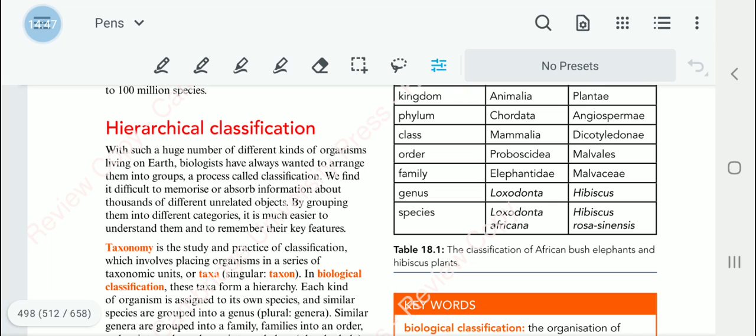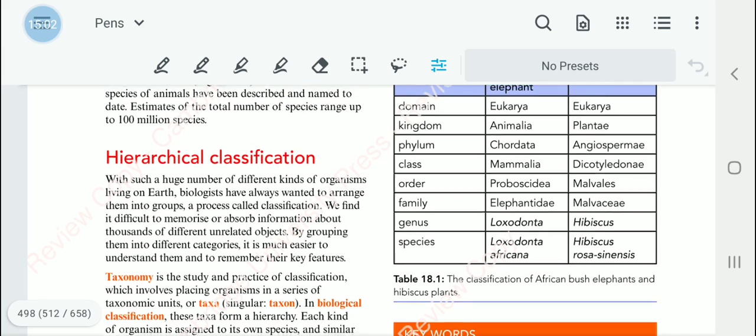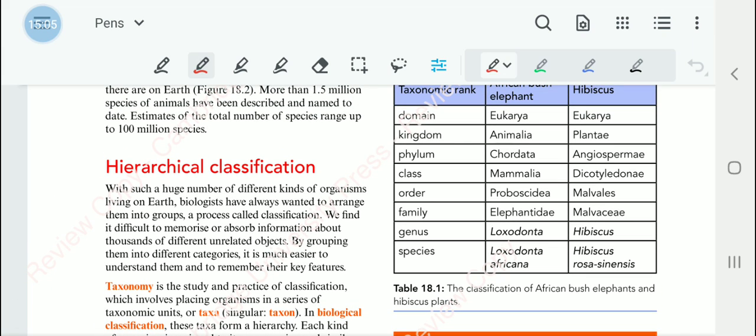Right now, if you take different animals and plants, we can categorize them into different groups. Now here, if you go to the classification of the African bush elephant, this is the classification that we have. If you take the domain, they are Eukarya. Eukarya means eukaryotic. You learned about eukaryotic organisms. Eukaryotic organisms have a developed cell nucleus.